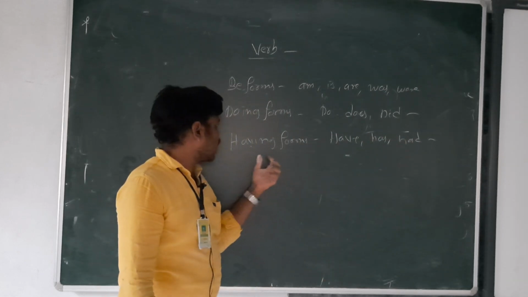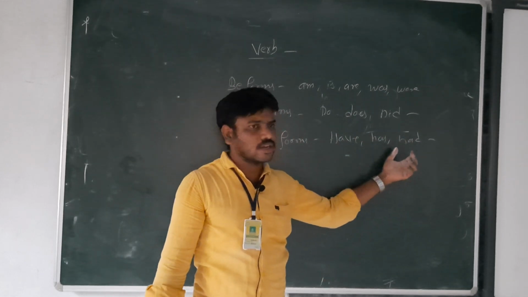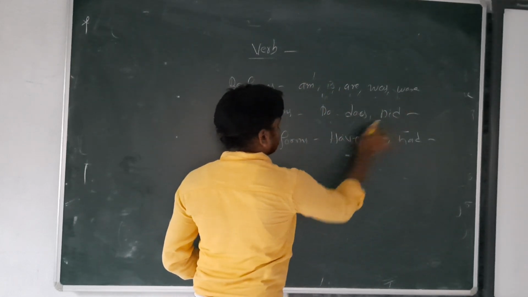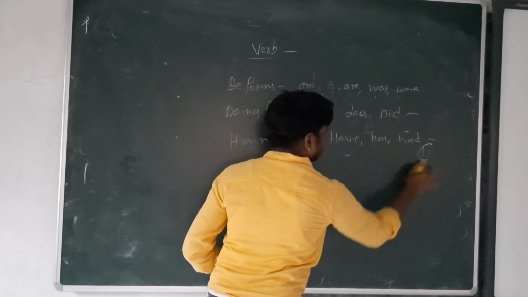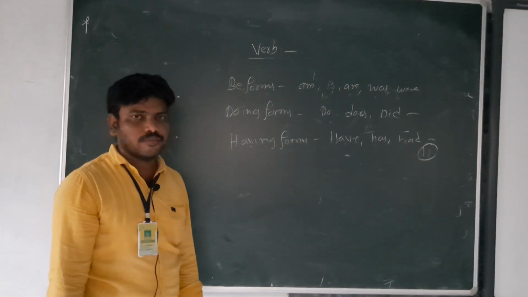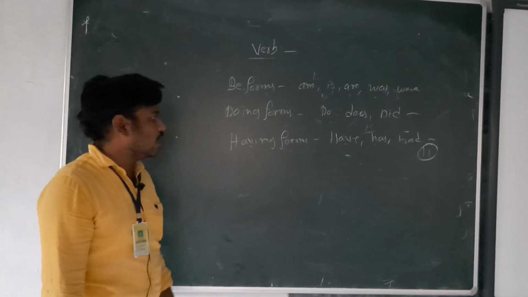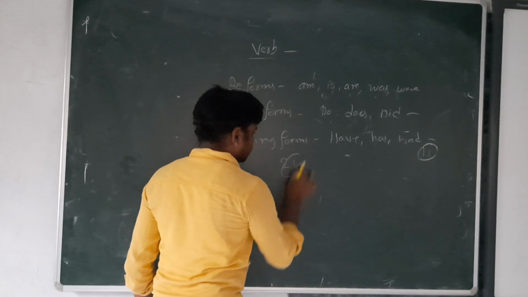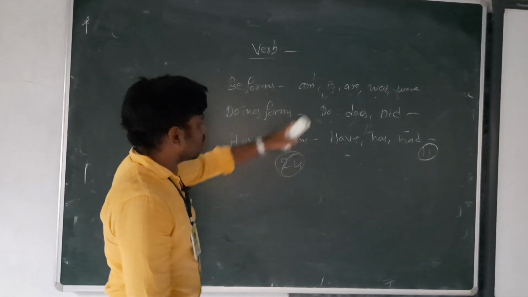Having forms are have, has, or had. How many? Let us count: 1, 2, 3, 4, 5, 6, 7, 8, 9, 10, 11. Remember, 11 verbs are there. Totally we have 24 verbs. Now these are the 11 verbs.